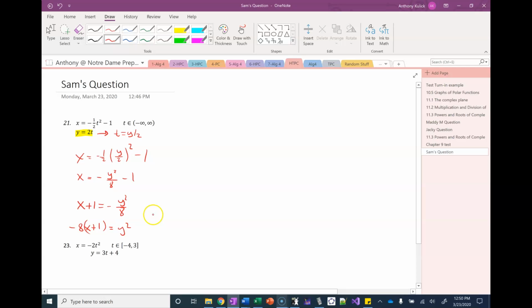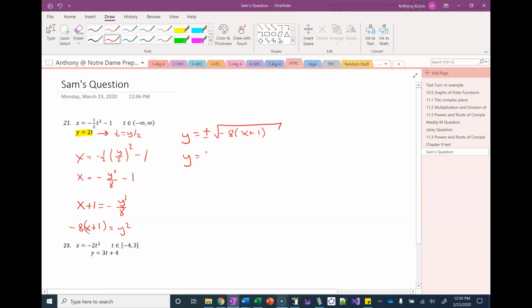And then I will square root both sides. When I square root both sides, that creates the plus or minus. And I can simplify the square root of 8 a little bit, right?